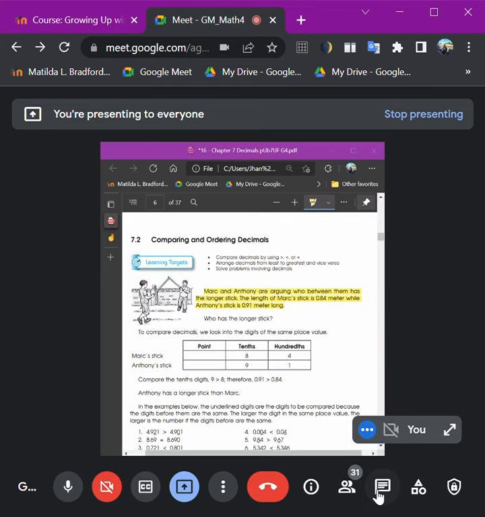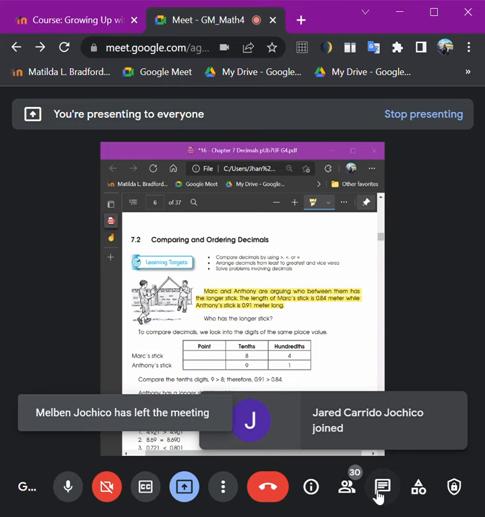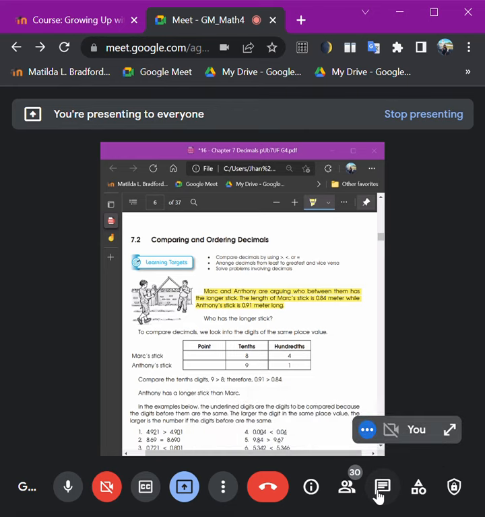Mark and Anthony are arguing who between them has the longer stick. The length of Mark's stick is 0.84 meter, while Anthony's stick is 0.91 meter long. Okay, thank you for that one.